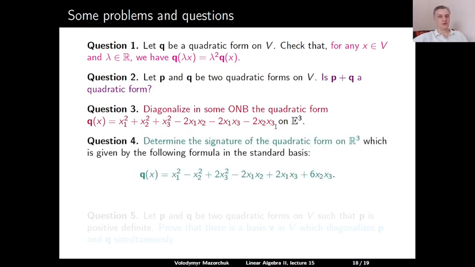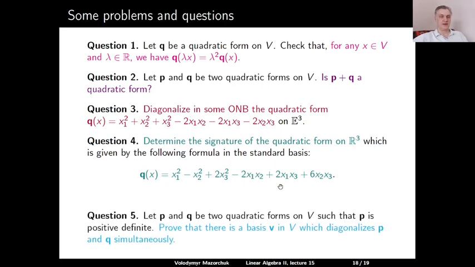Determine the signature of the quadratic form on R3, which is given by the following formula in the standard basis. Q of x is x1 squared minus x2 squared plus 2x3 squared minus 2x1x2 plus 2x1x3 plus 6x2x3. And finally, question 5.